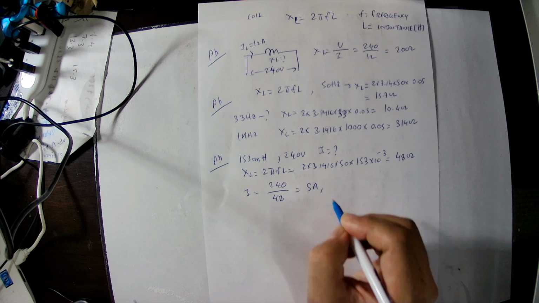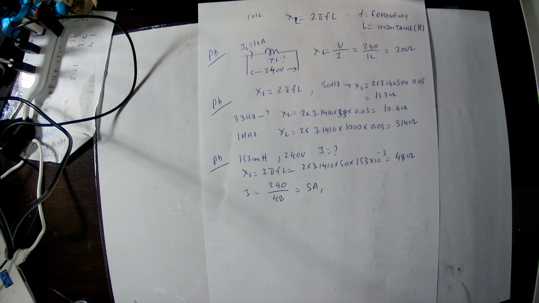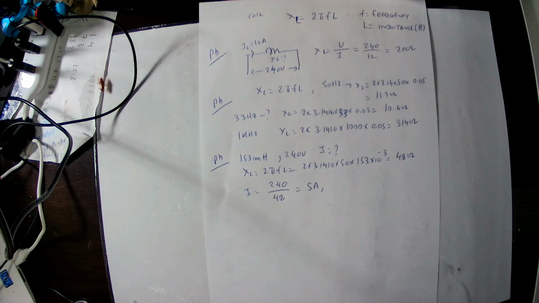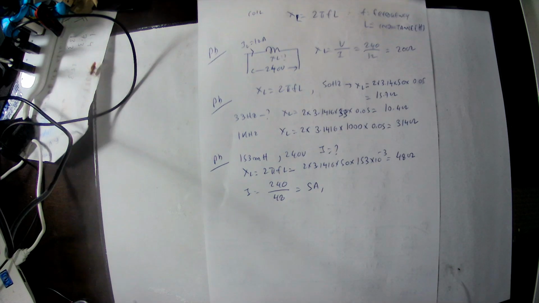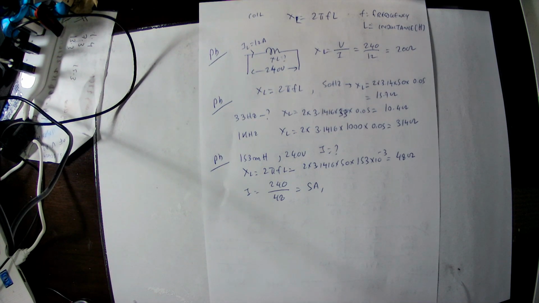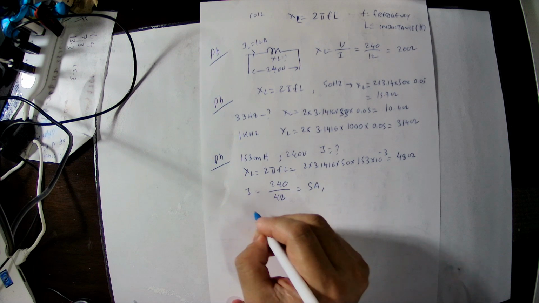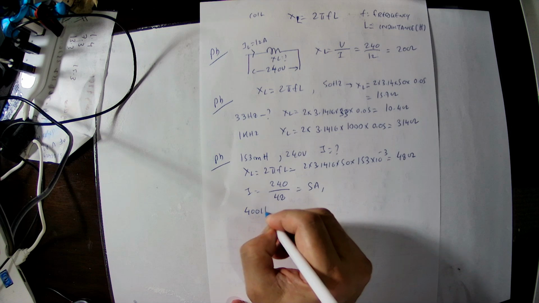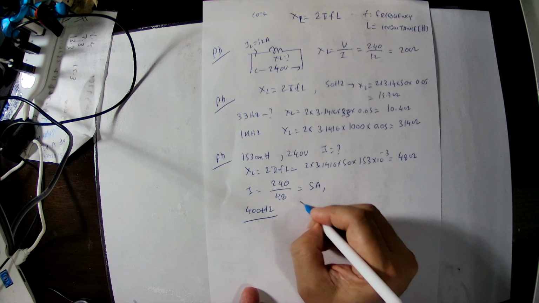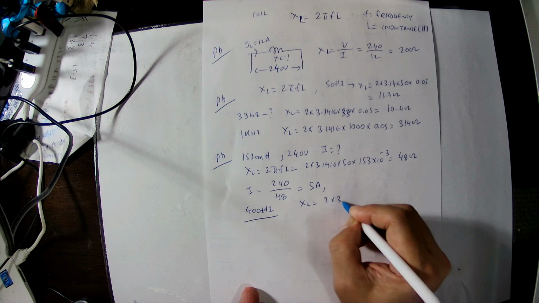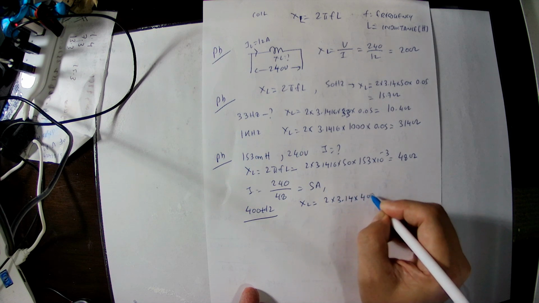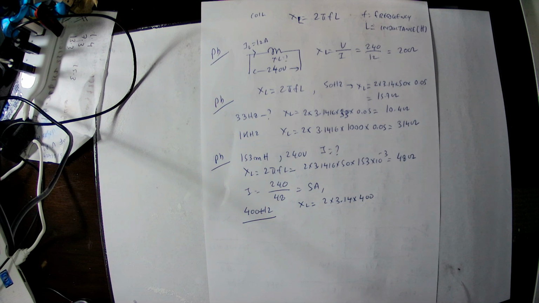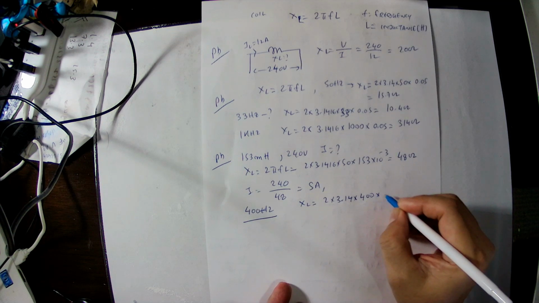And also we connect it to a 400 hertz supply. So the 400 hertz XL value can be calculated: 2 into 3.14 into 400 into the 153 millihenry, so 10 power minus 3.